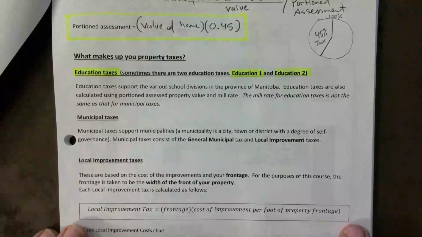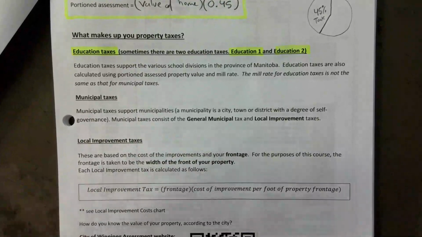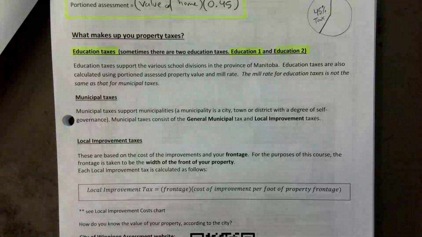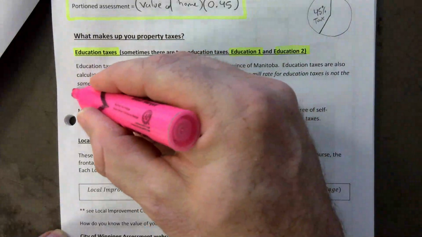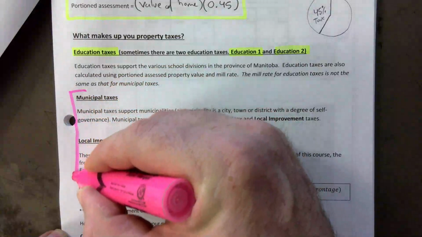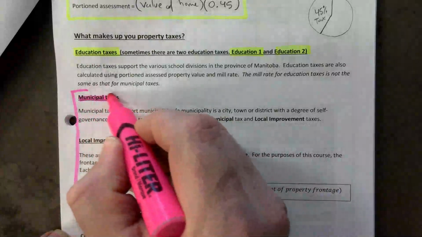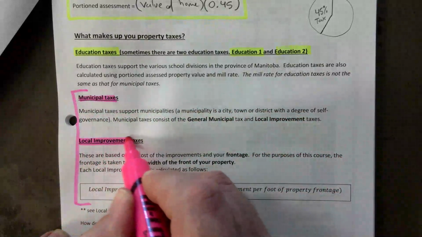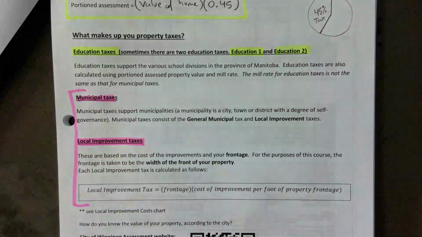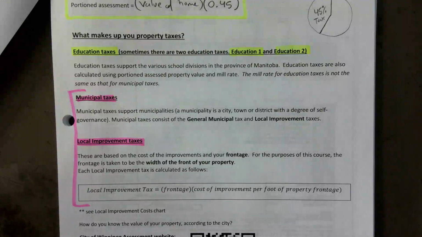So that's 1. And then I'm going to portion this off into municipal and local improvements. Local improvements is kind of like another category like this. Okay. So the municipal taxes will often have local improvement taxes included underneath it as well.